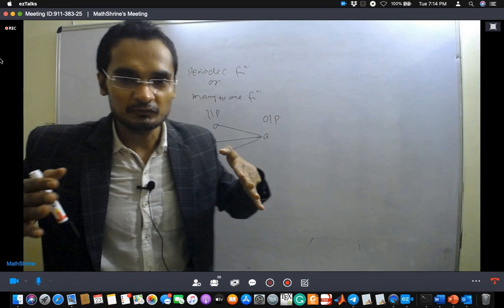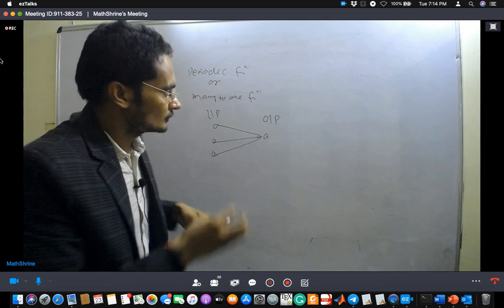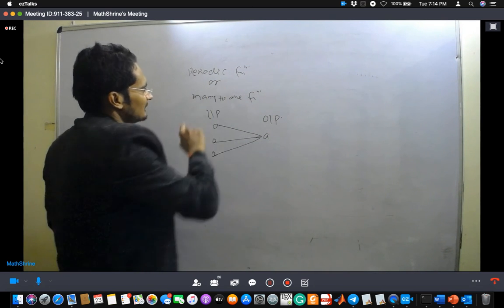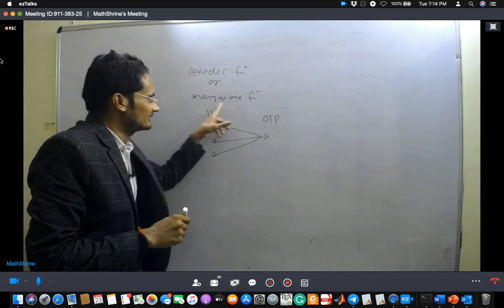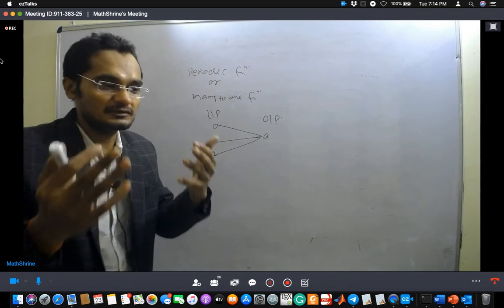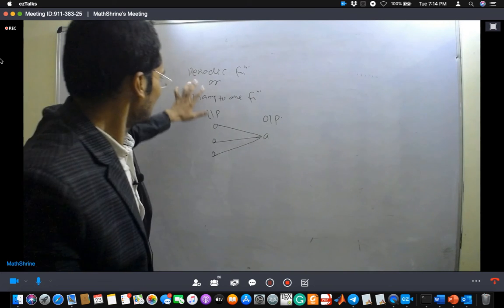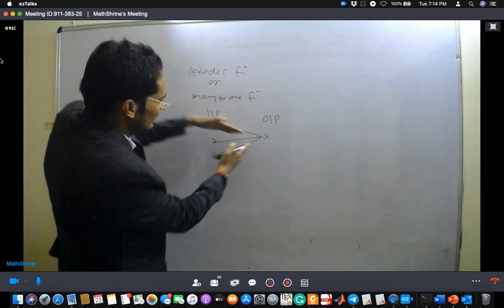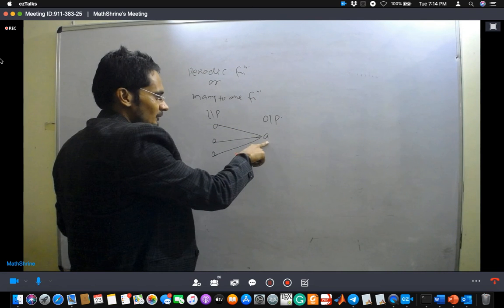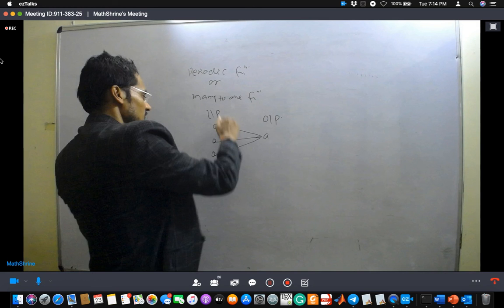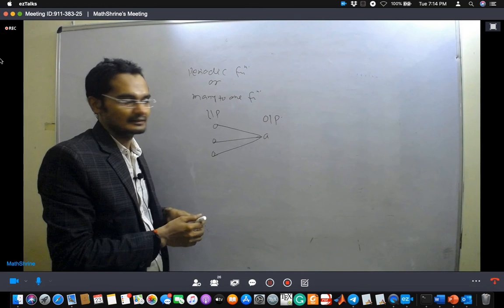If I ask the inverse, definitely one point is going to map to more than one point. So whenever we have a periodic function or many-one function, the inverse is always a multi-valued function.